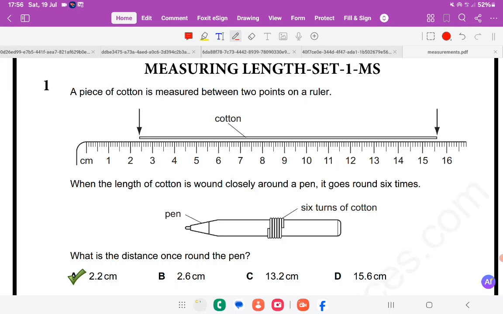Okay, so if you check here, the reading there is, this is 15, this is 16. That means halfway between is 15.5.